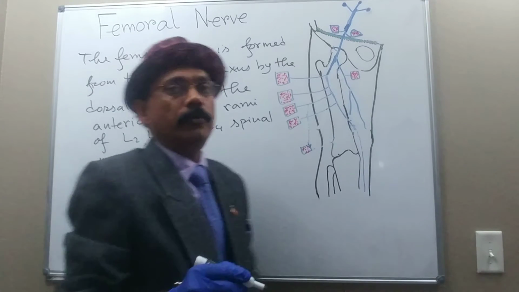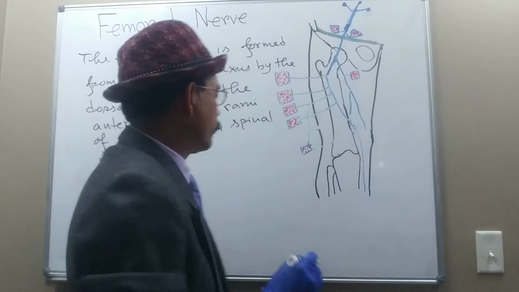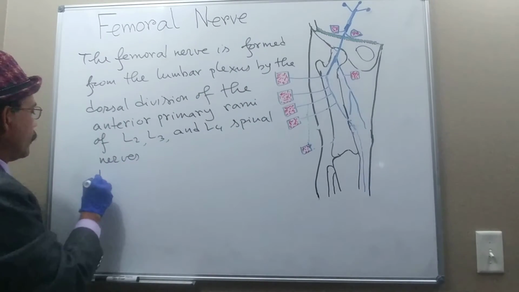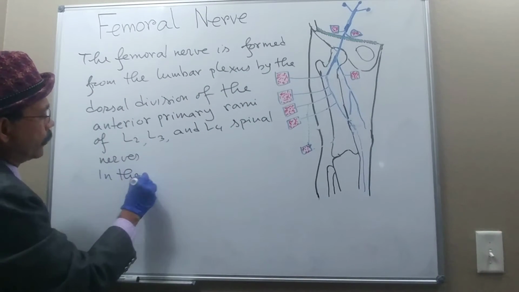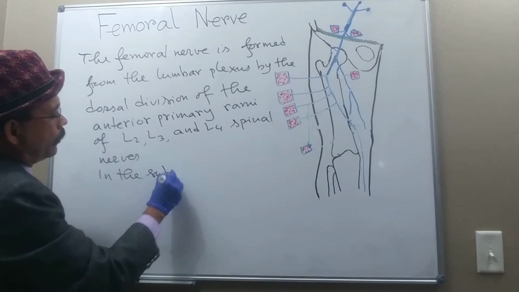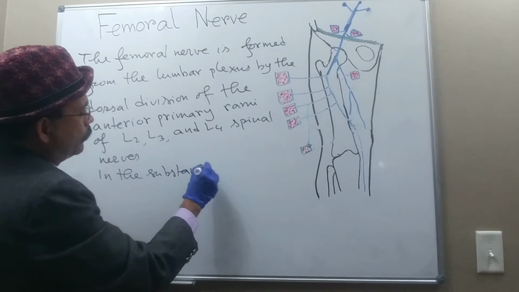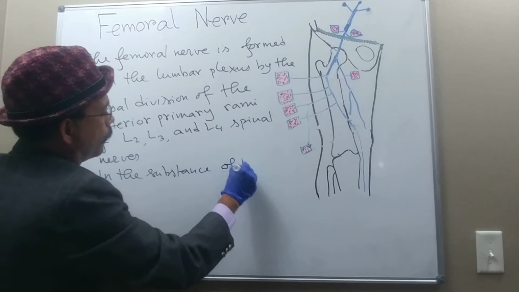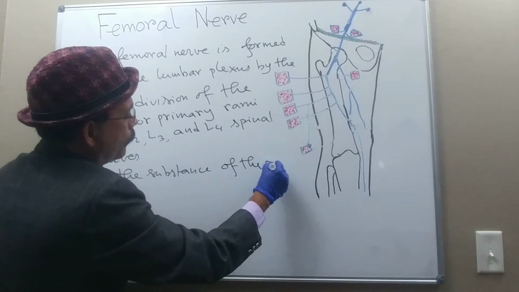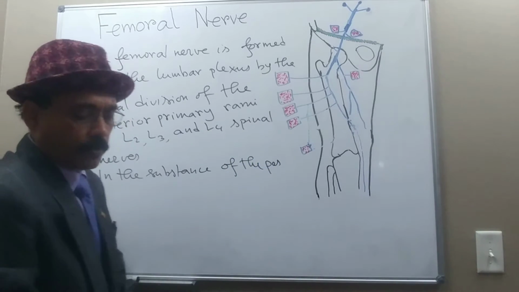It is formed inside the substance of the psoas major muscle.